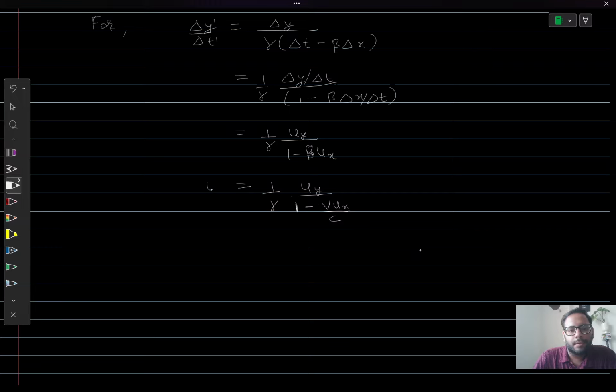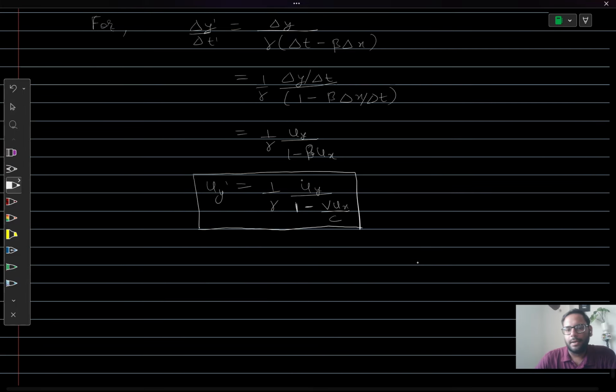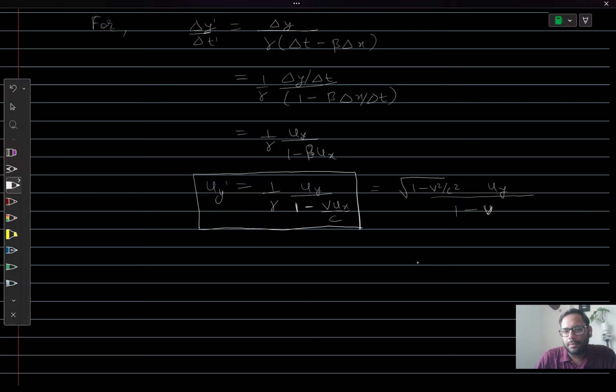Can you check whether it is dimensionally correct or not? If it is not, something is missing, I mean something should be a c factor. You can rewrite this as uy divided by 1 minus ux by c.